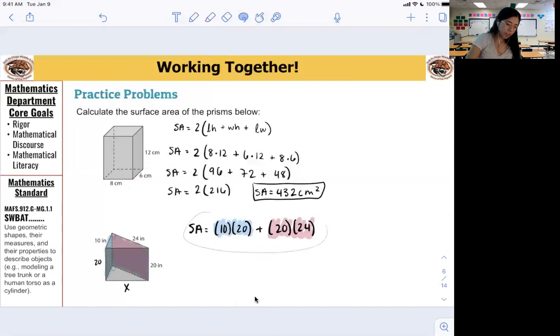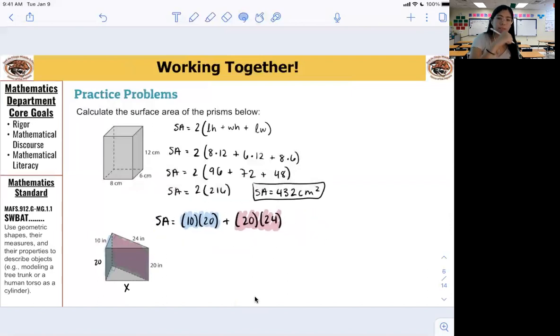Because what type of triangle do I have in this case? I have a right triangle, right? So I take this triangle from the top. I'm just going to draw it over here. This is the top of my prism. I have 10, I have 24, and x, we're going to solve for x using the Pythagorean theorem.